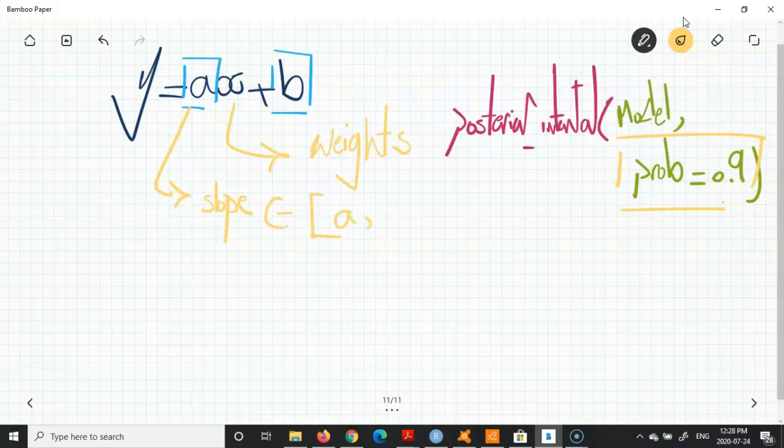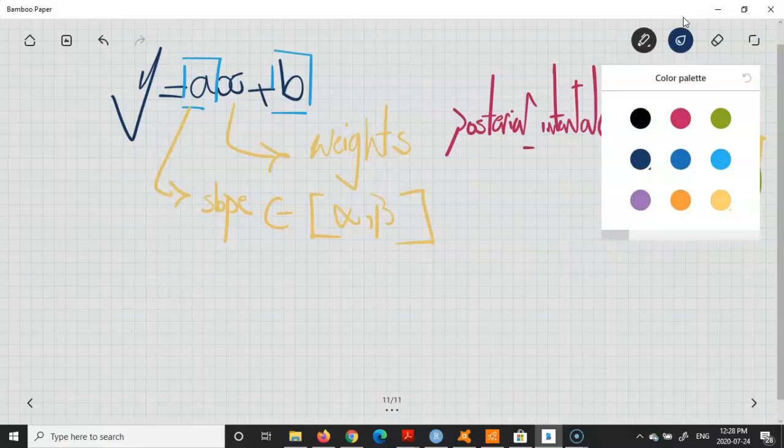Let's call the ends of that interval alpha and beta. We had our given probability, but we were looking for that interval. It was a forward approach.